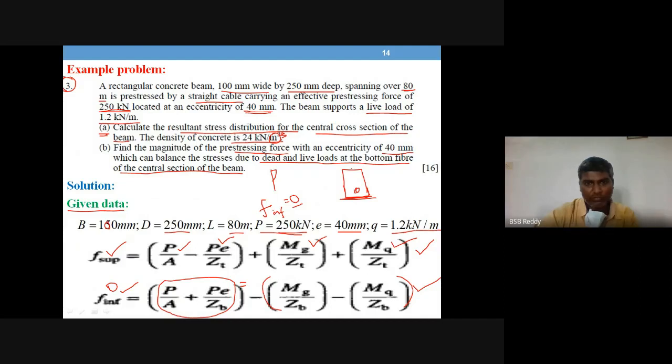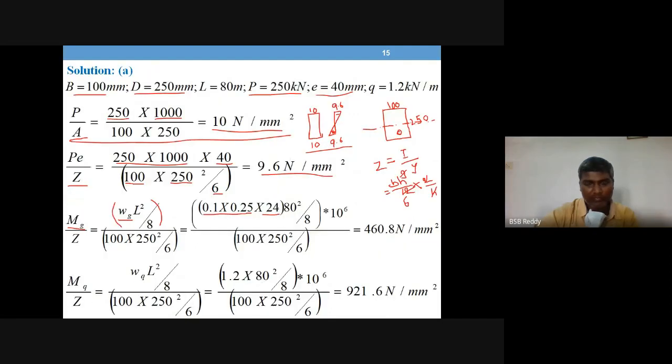So 24 kilonewton per meter cube. What will happen if you multiply with meters and meters, B in meters, D in meters? Kilonewton per meter. That is your UDL value.